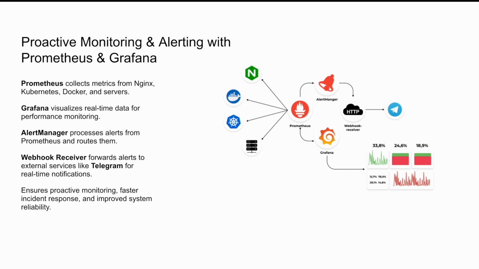And then an alert manager would process the alerts and route them to whichever team is responsible at that time. And usually a webhook receiver is used to forward the alerts to external services like Telegram or Slack, so you can get notifications. So this approach enables you to keep monitoring proactive and to have a faster incident response time.